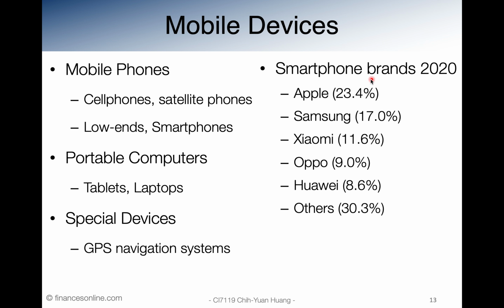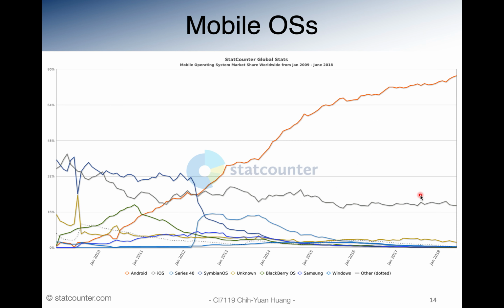As you can see, the largest market share in terms of brands is from Apple. However, the other thing you can see is in terms of the operating systems. Samsung, Xiaomi, Oppo, Huawei, and many other brands are following the Android system from Google. You can also view the market share of the mobile devices from the operating systems point of view.